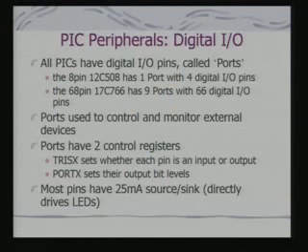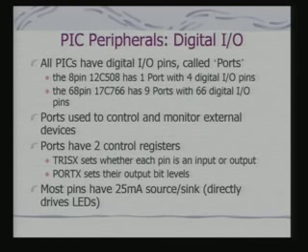So, with this background on interrupts, we shall now look at the different peripherals, because many of the peripherals can be interfaced using this interrupt processing structure of the PIC. The most common peripheral is digital I/O. All PICs have digital I/O pins, and we call them ports. These are external pins, and these pins are associated with registers.